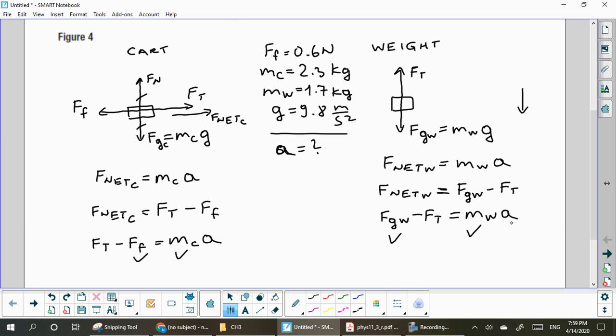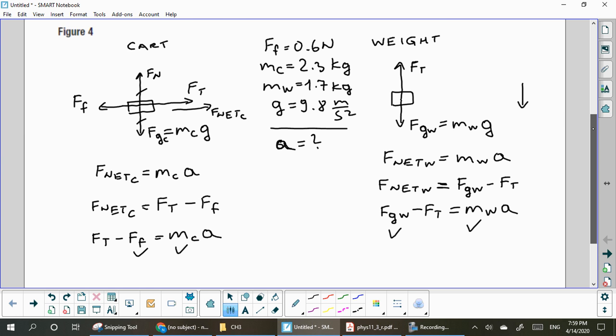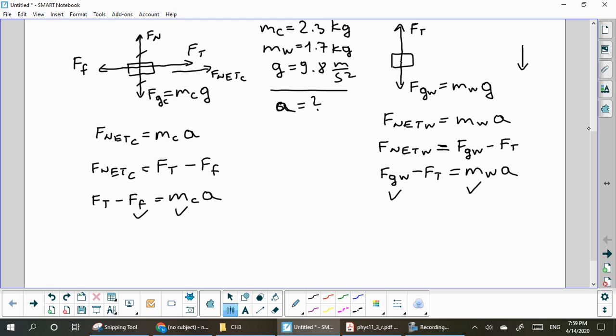So what you have here is actually a system of two equations. We have two variables and we have two equations. Because if you remember again at the beginning, I said that the tension is going to be that bridge between the two objects.